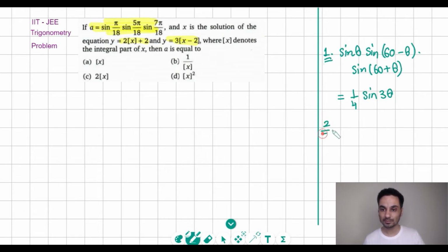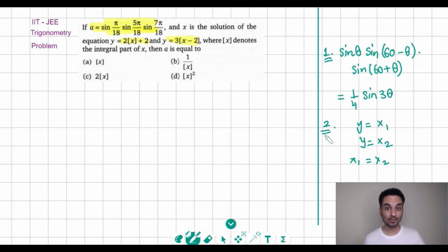Second, if you have two equations, y equals something in terms of x and another equation y equals something in terms of x, then from here we can conclude that x1 is equal to x2. Perfect.